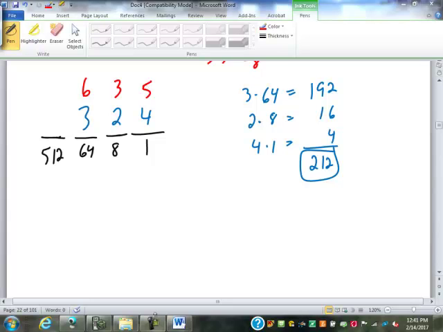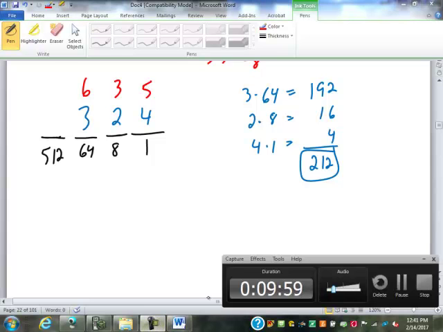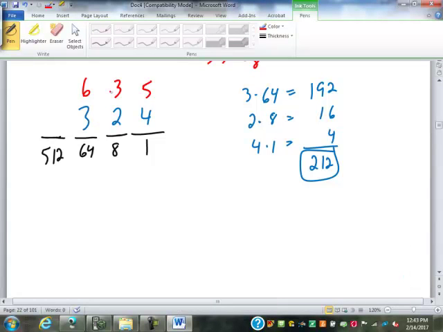So let's take a peek. So number 5 was 212. Number 6, 635.